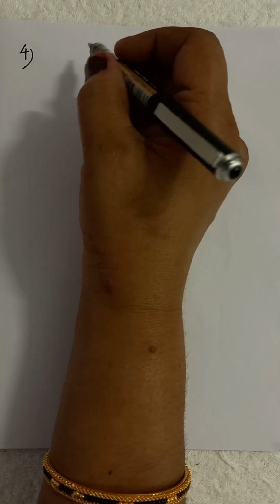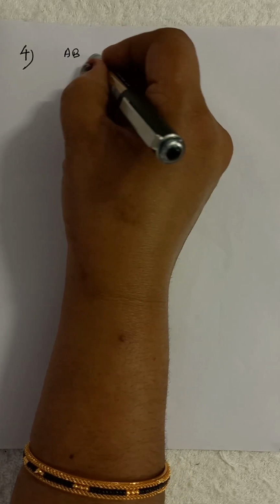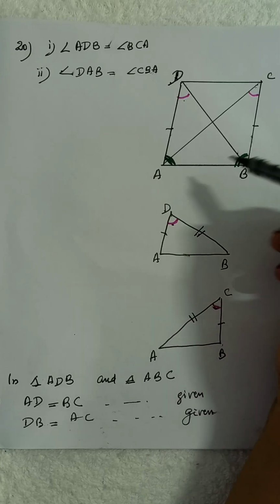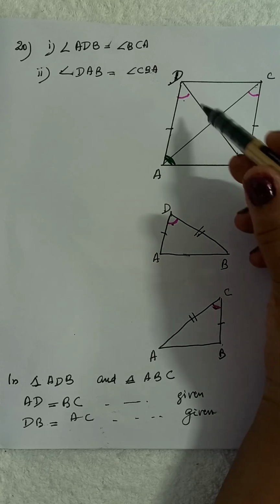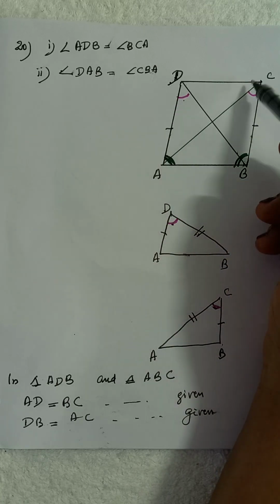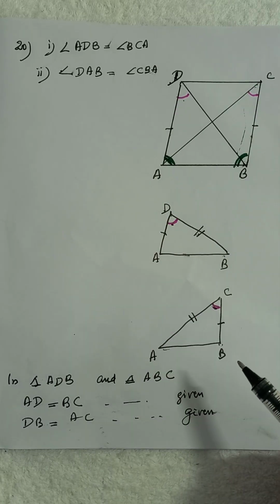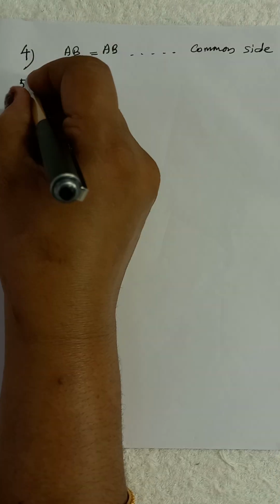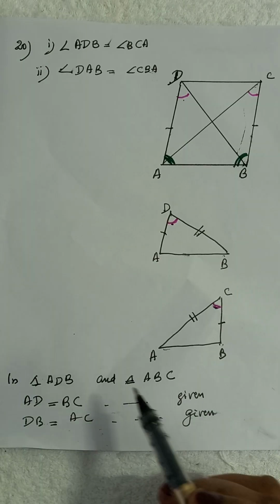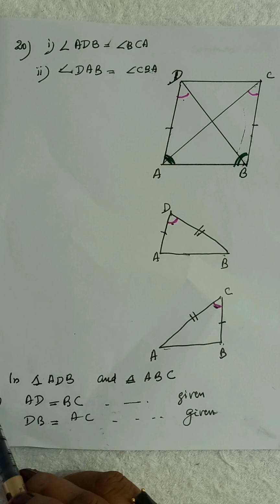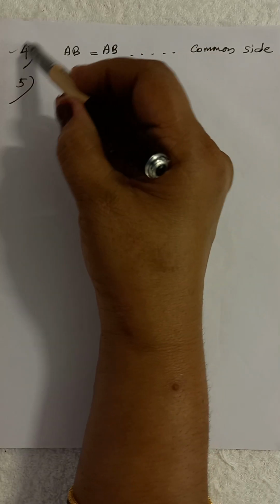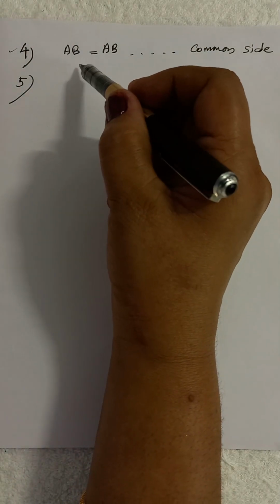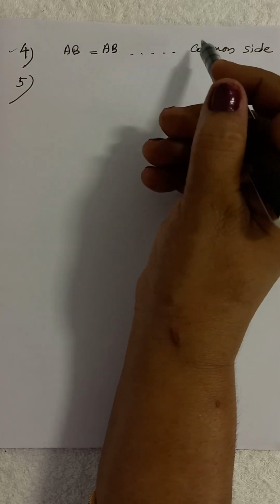Then AB is equal to AB. See the original figure AB, which is common to this triangle and this triangle. There is this AB which is same. So we can write this as common side. Fifth point. In these two triangles, this is side and this is side. So 3 sides of one triangle congruent to 3 sides of the second triangle.